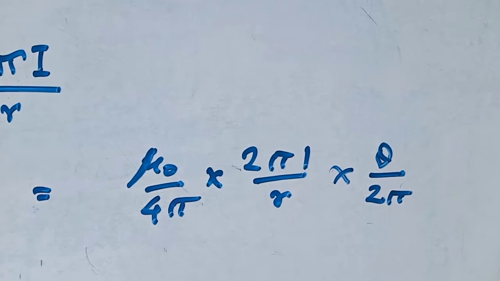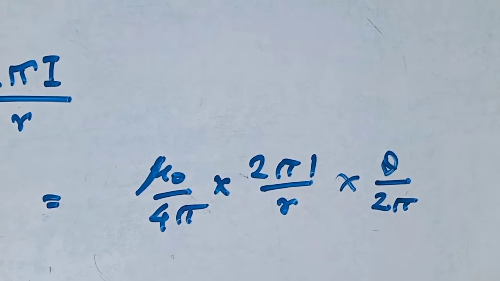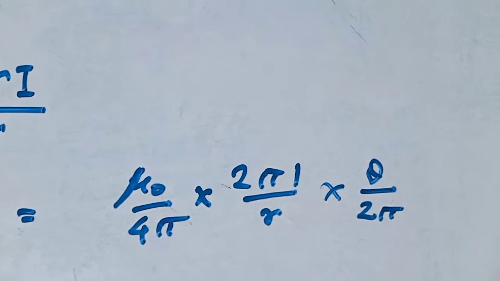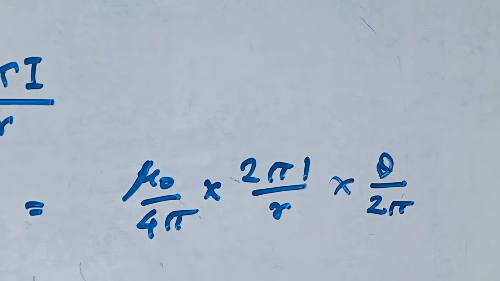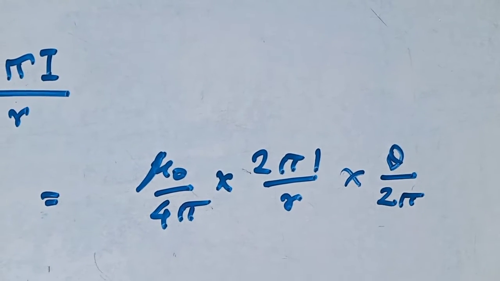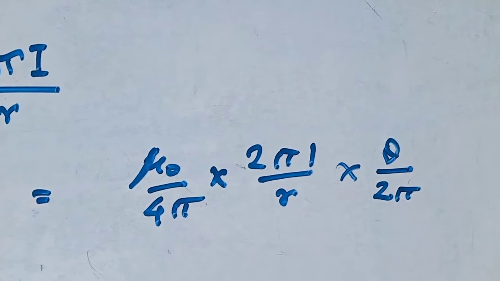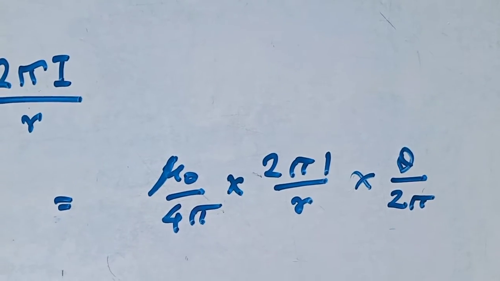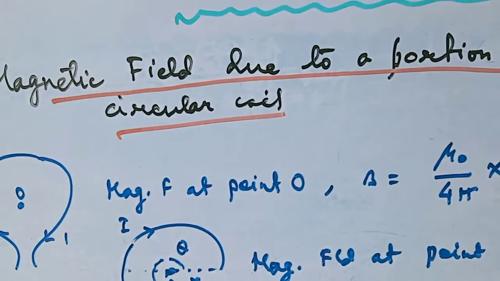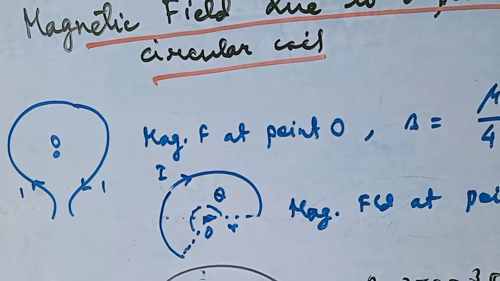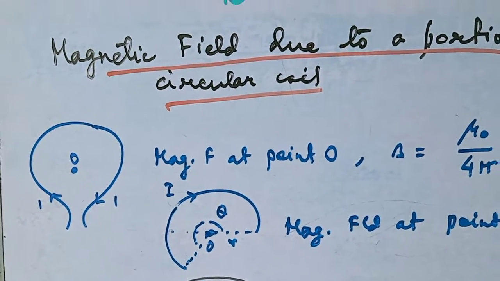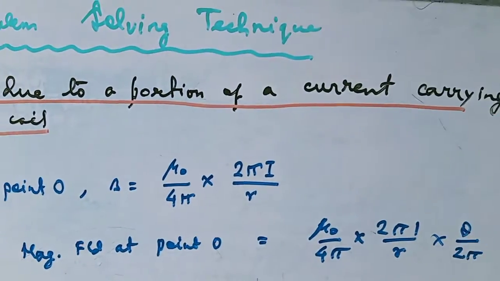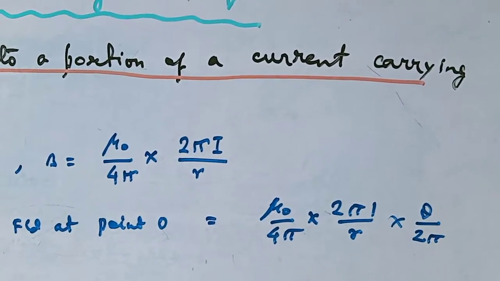So pi will get cancelled, and you will get mu naught by 4 pi, I by R, for the half portion of the coil, and the direction is perpendicular to the plane of the board and in the inward direction. We will very frequently use this formula.